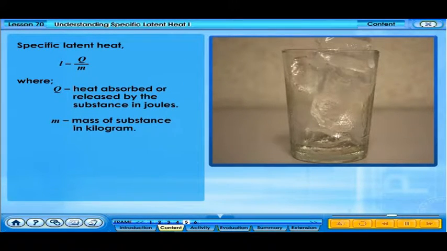It is given as L equals Q over m, where Q equals heat absorbed or released by the substance in joules, m equals mass of substance in kilogram. The SI unit of specific latent heat is joule per kilogram.